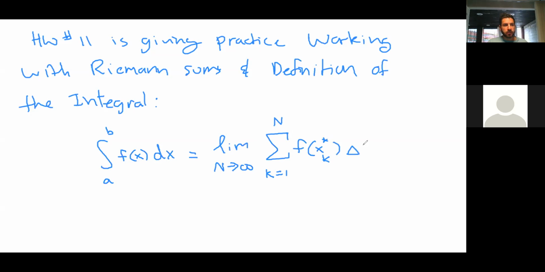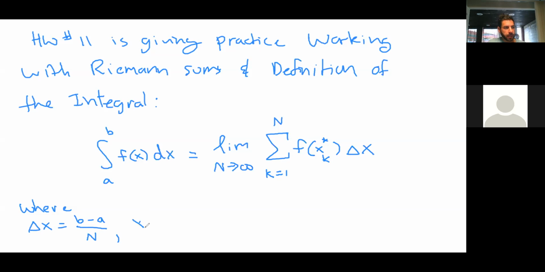So I have now stated what these things mean over and over again, but I will say it one more time for full completeness. What do these symbols on the right-hand side mean? Delta x means (b minus a) divided by n. What is x sub k?